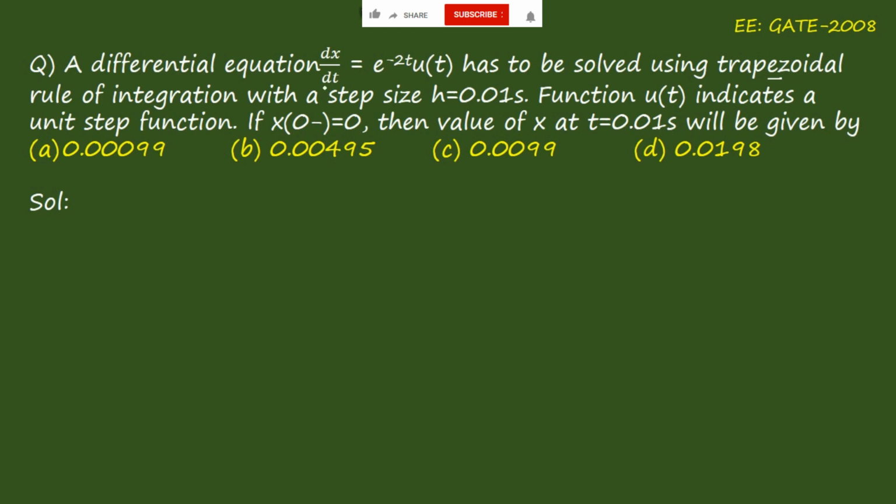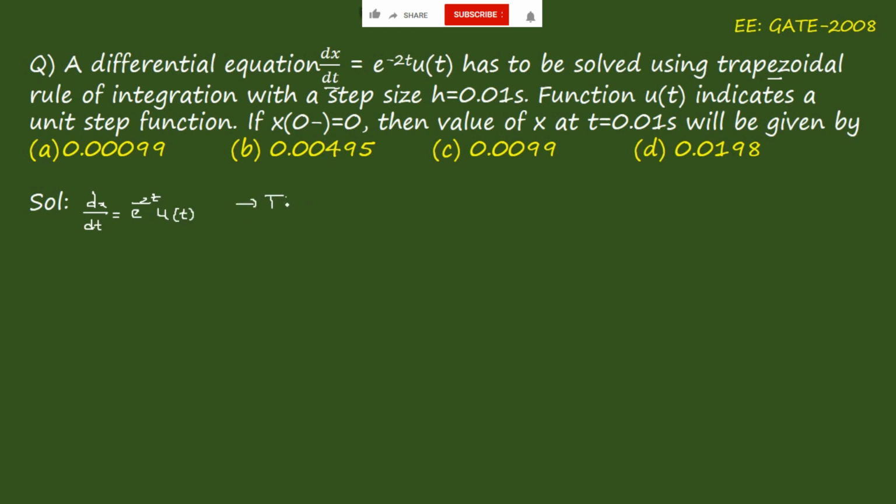They are given the differential equation, right? It is given as dx by dt is equal to e power minus 2t u(t), and we have to use the trapezoidal rule.